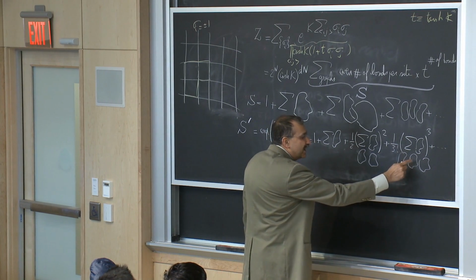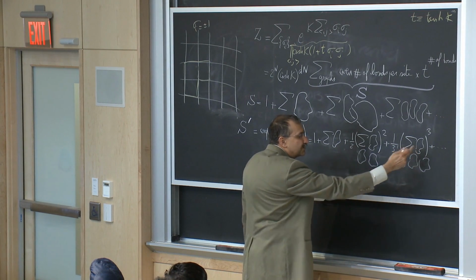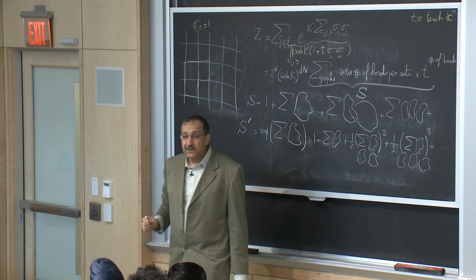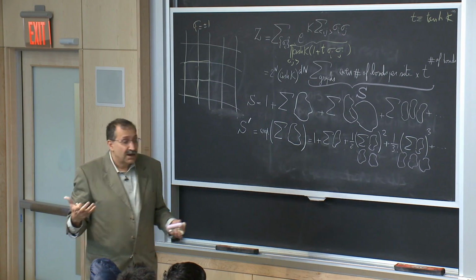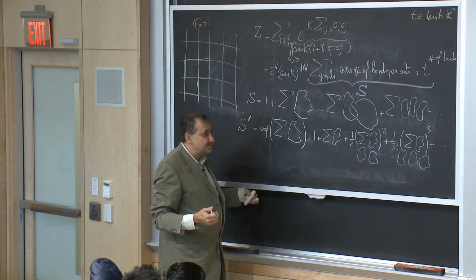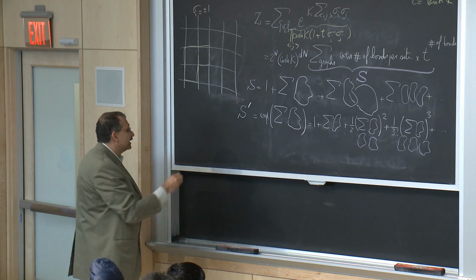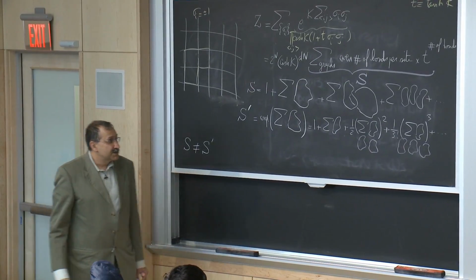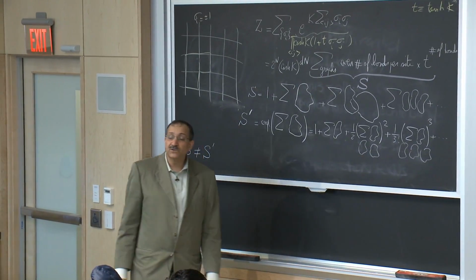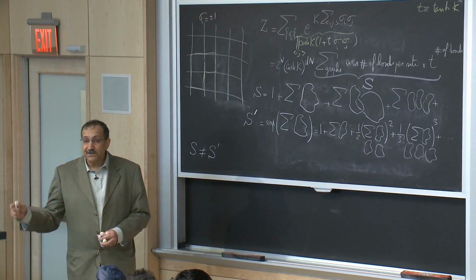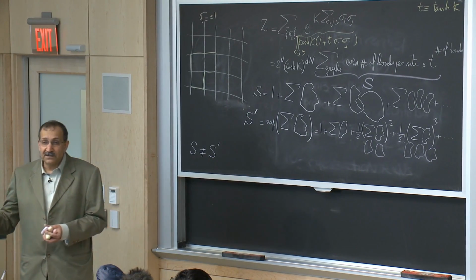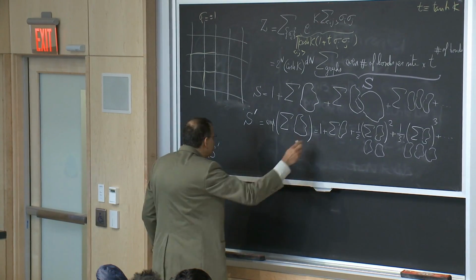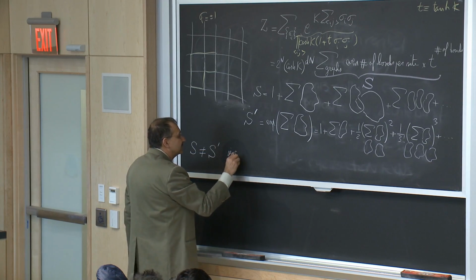Let's say I have loops A, B, or C. I could pick A from the first sum here, B from the second, C from the third, or any permutation thereof, and that would amount to a factor of 6 for A, B, C. But S definitely is not equal to S prime, because immediately we see that once I square this term, A plus B squared, in addition to 2AB, I will also get A squared and B squared, which corresponds to objects such as this.